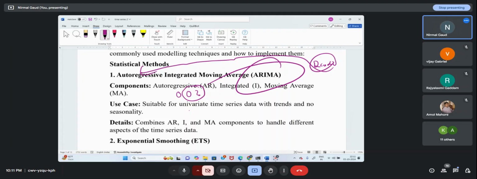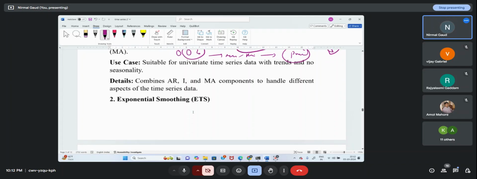Auto-regressive means my model has knowledge about the previous values, and I want my model to use this knowledge to predict the next. That is called auto-regressive. So, ARIMA.